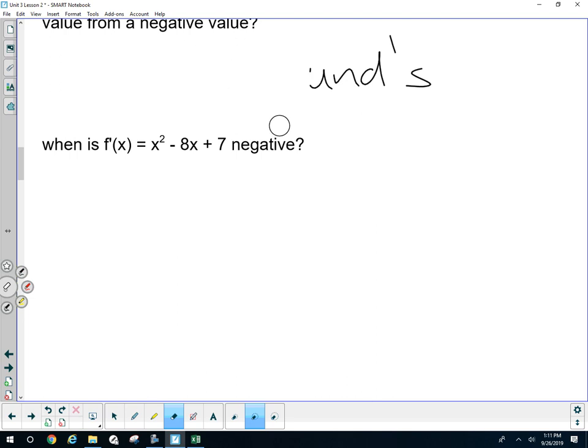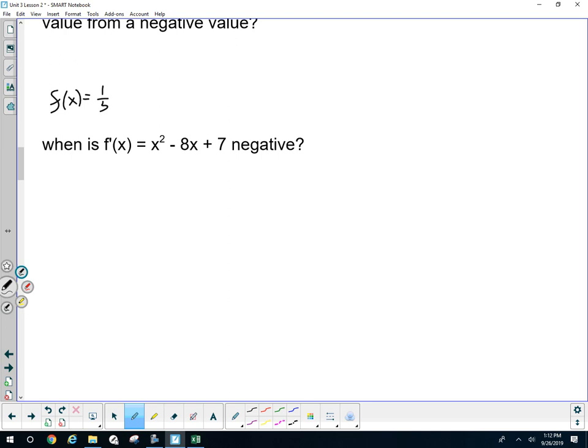Now, I'm going to preface this question. So I'm going to write some more. Before you get here, the question really is, if f of x is 1/3 x cubed minus 4x squared plus 7x, go ahead and write that down.